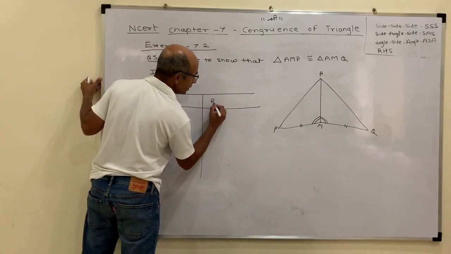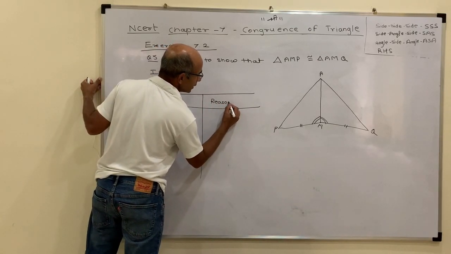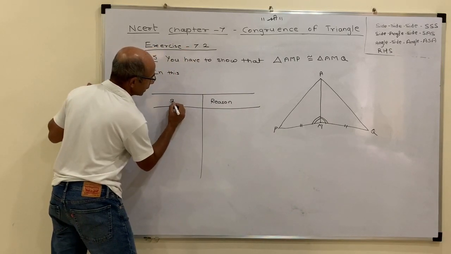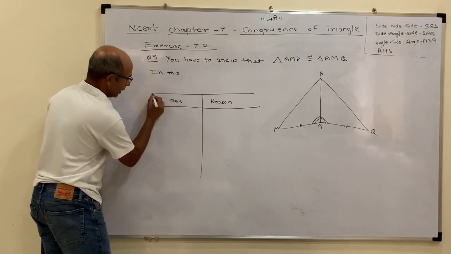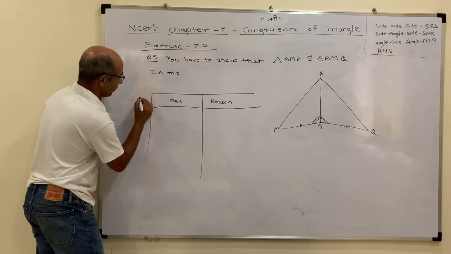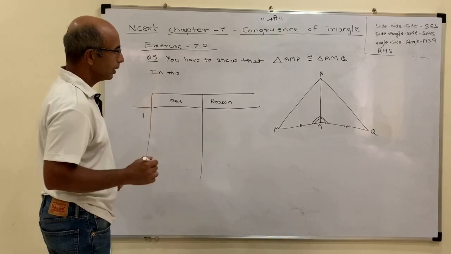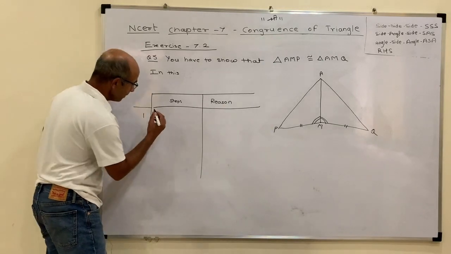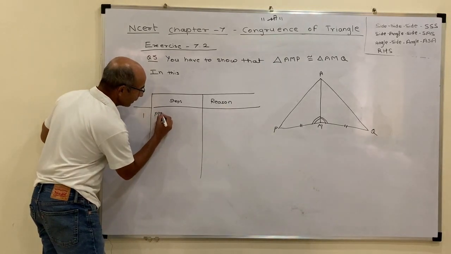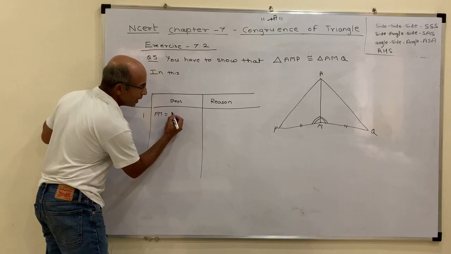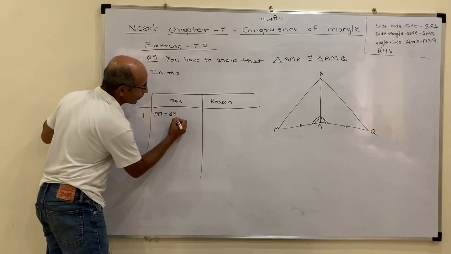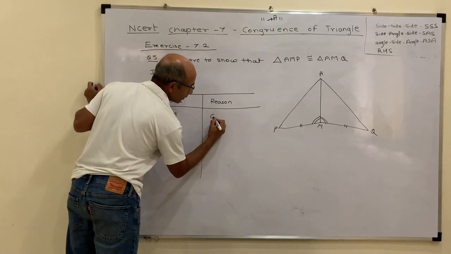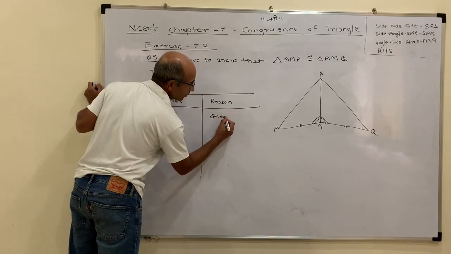So this is reason, side, these are the steps, and this is step 1. Step 1: side PM is equal to QM. That is given in the figure.